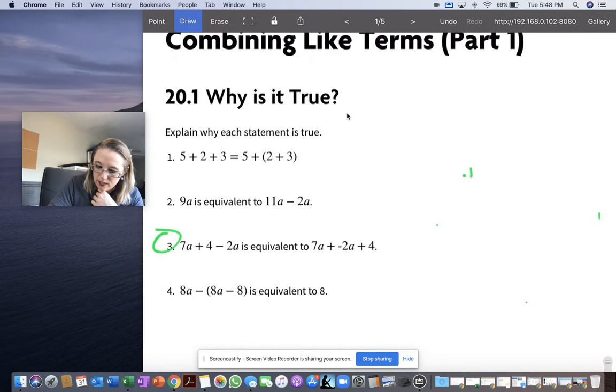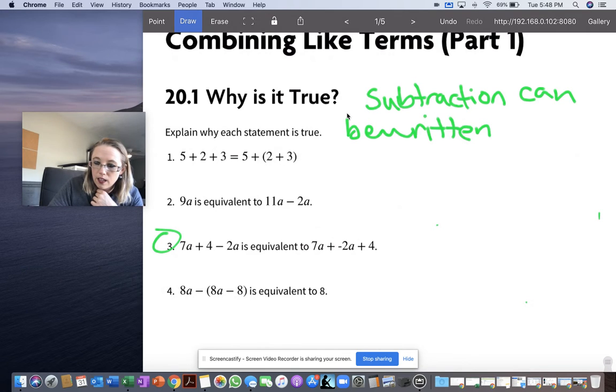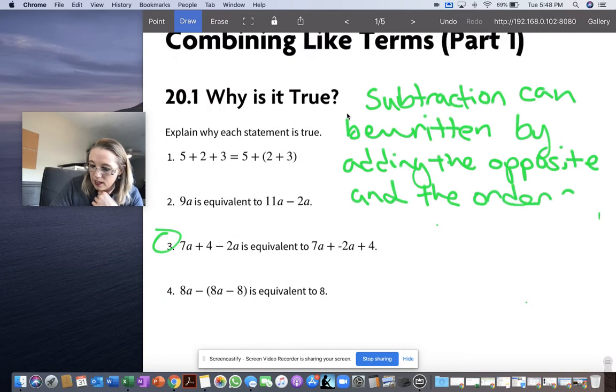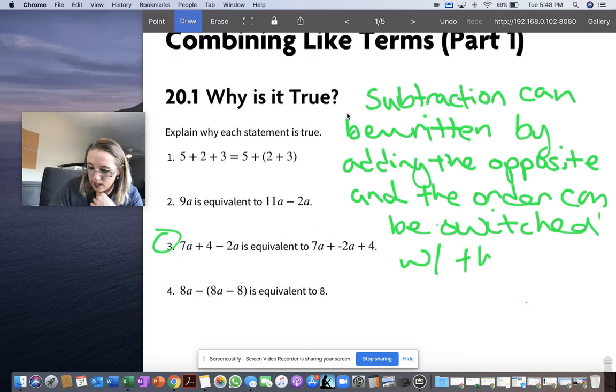Okay, so the subtraction can be written by adding the opposite, and the order can be switched with the commutative property.